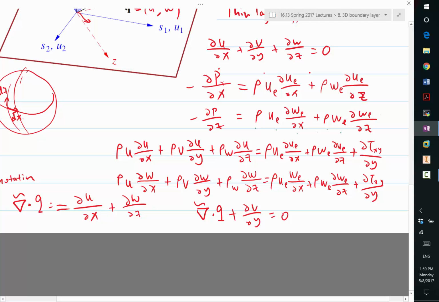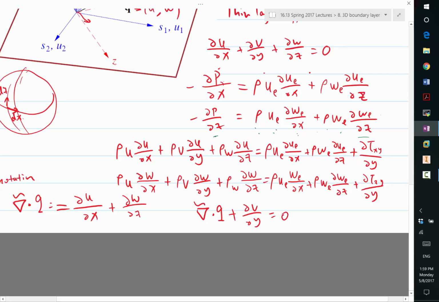Okay, so dw/dz is always 0, right? We said everything has a 0 derivative in the z direction because of the infinite nature of the swept wing. So this component is 0, which means 0 is equal to rho ue times dw/dx.